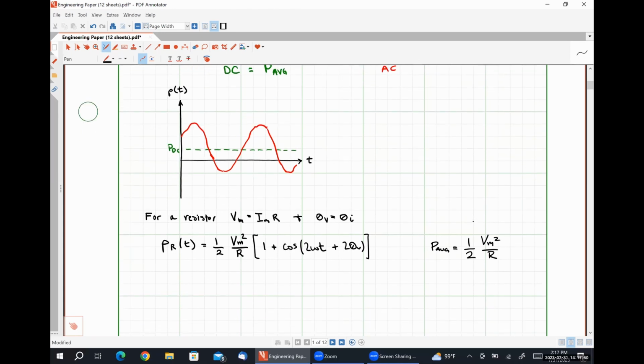In terms of current quantities, we could say that PR of T is equal to 1/2.